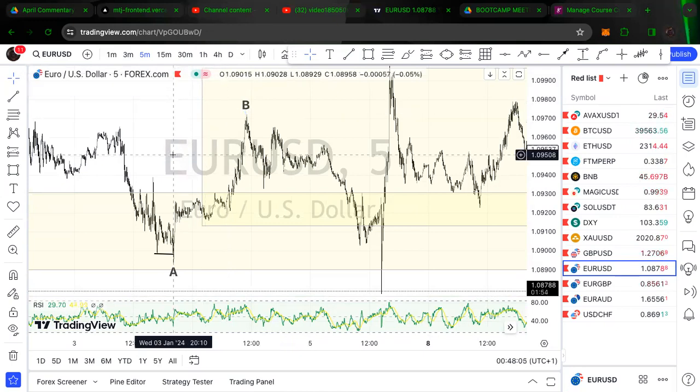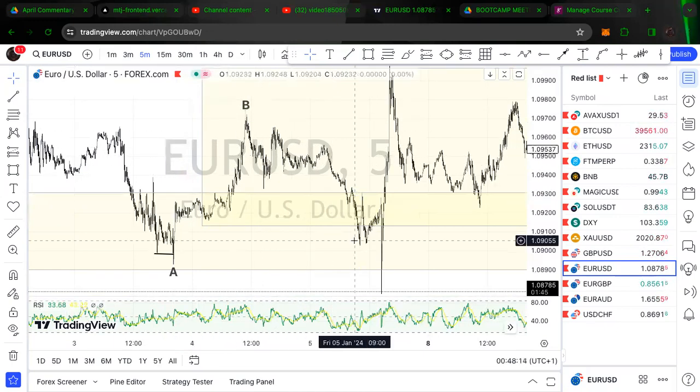Then the pullback. This is C right here.